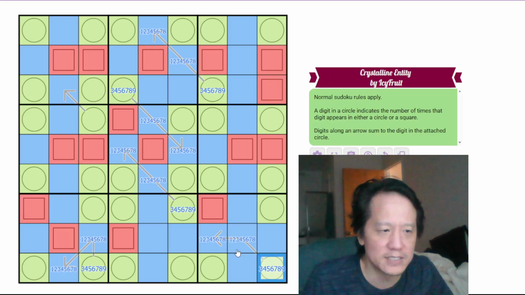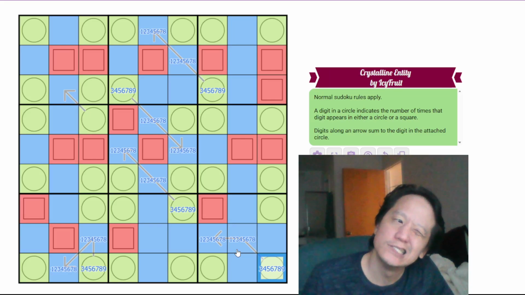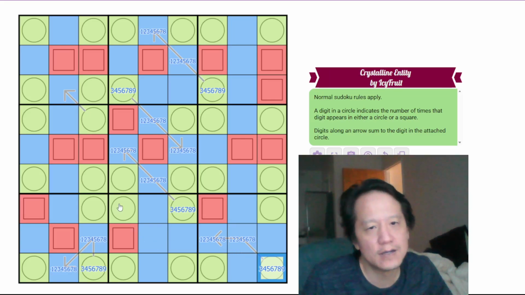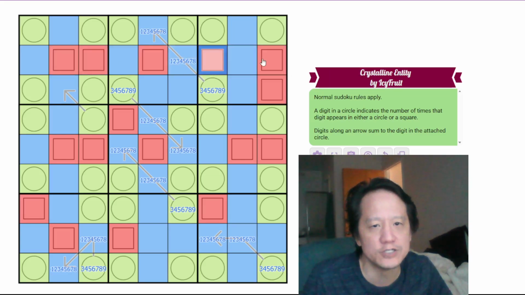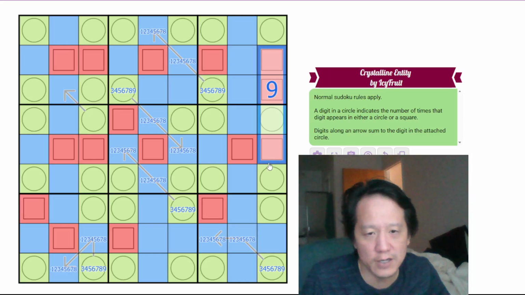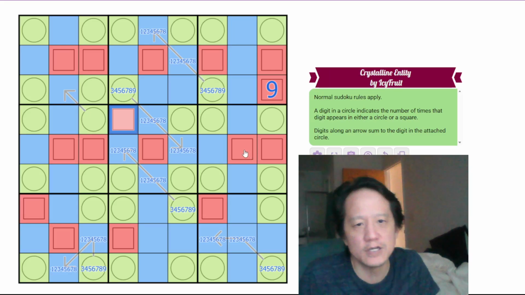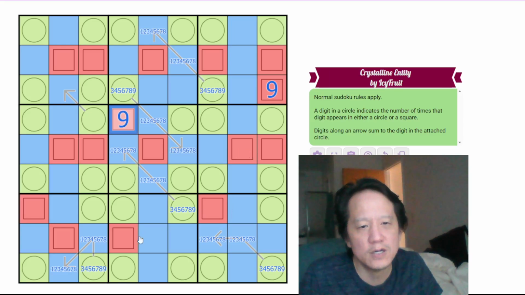Okay, so 9 has to be in a circle? Not necessarily. How many digits can be in squares? Unique digits. So obviously you could have that one. Okay, so we're gonna mark those with 9. So this can't be 9. This is unique in that row.